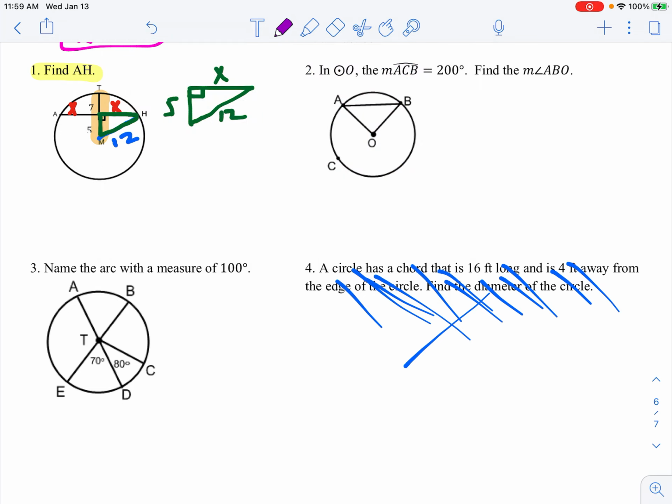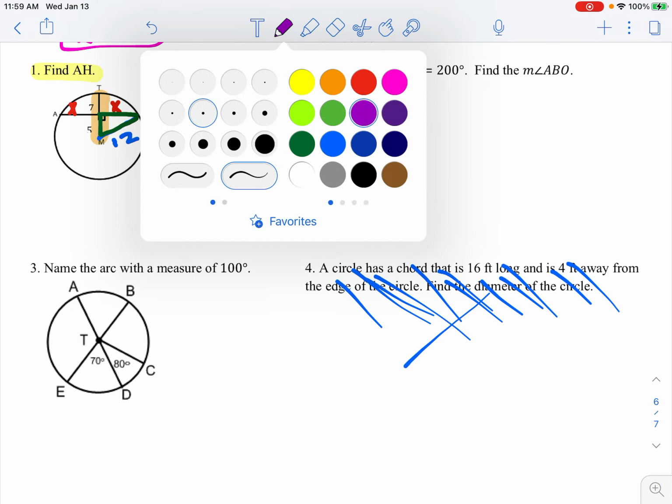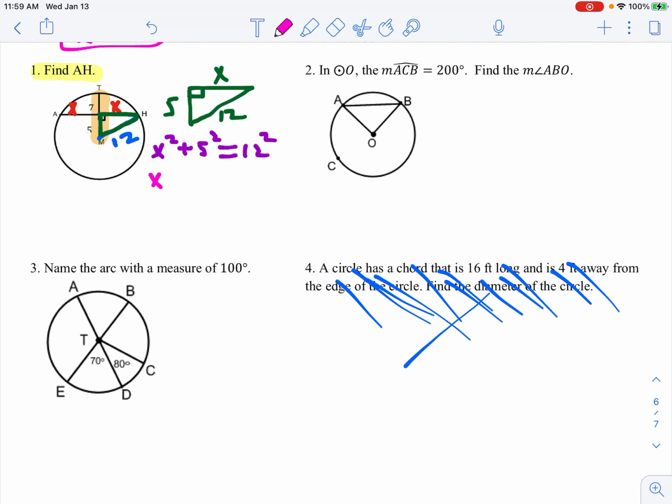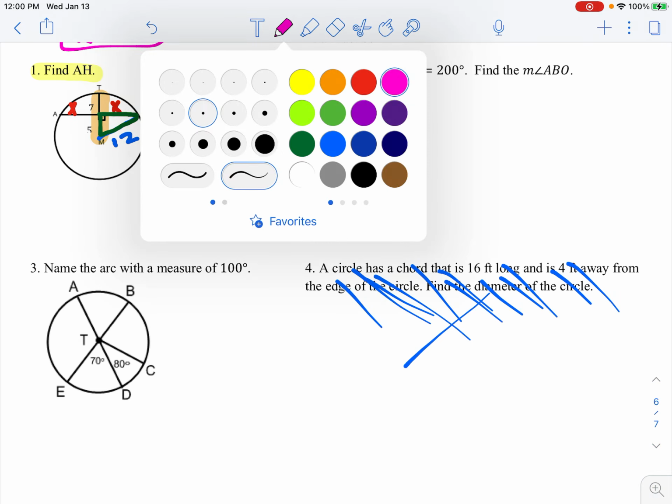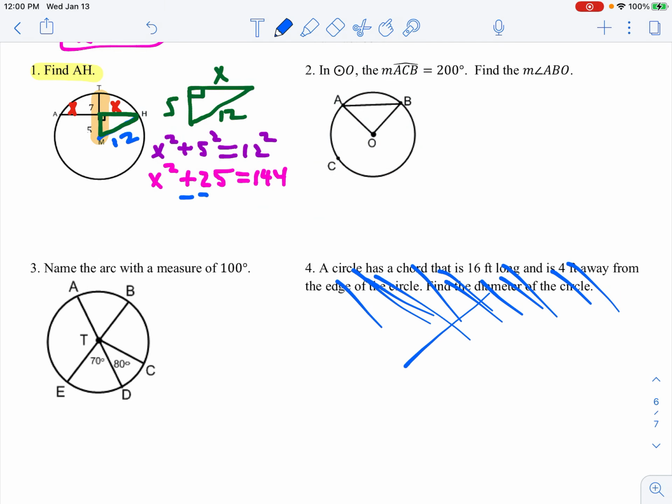All right, let's set up our Pythagorean theorem. X squared plus 5 squared should be equal to 12 squared. Well, that's x squared plus 25 is equal to 144. Subtract 25 from both sides.